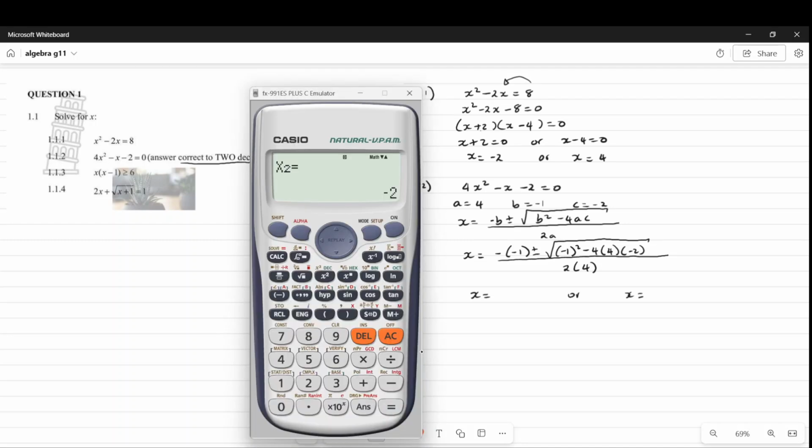Now you're going to pick up your calculator. Go back. Now you have a as 4, b is negative 1, c is negative 2. Now you have your answers, and remember to write them in decimal points. So this will be 0.84, or the other one will be negative 0.59.